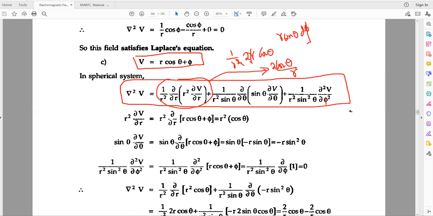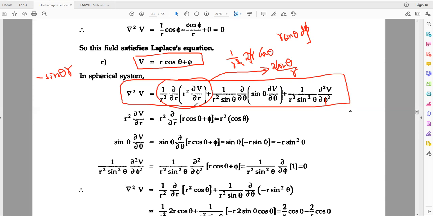For the second term, ∂V/∂θ: derivative of cosθ is minus sinθ, and r is a multiplication factor.